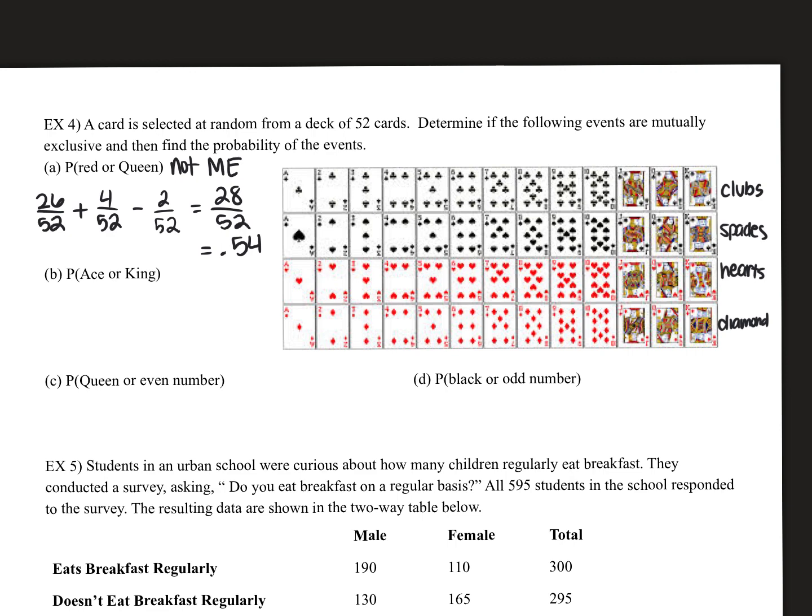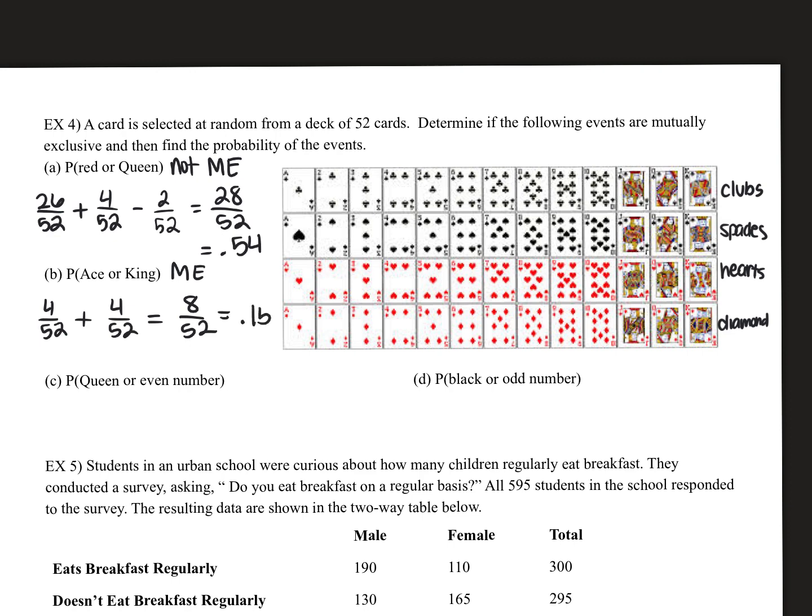My second question is the probability of an ace or a king. Now, these are mutually exclusive. I can't draw a card that is an ace and a king at the same time. So the number of aces, there are 4, plus the number of kings, of which there are 4, which gives us 8 out of 52, which is 0.15.